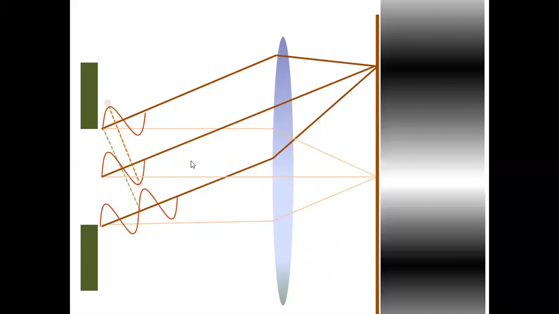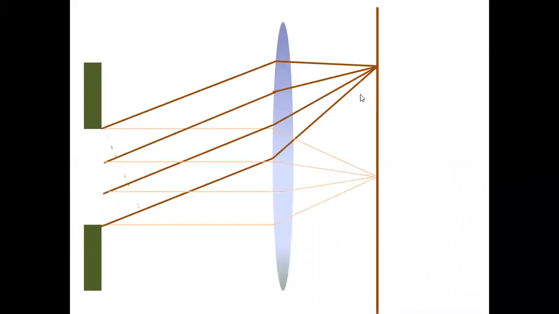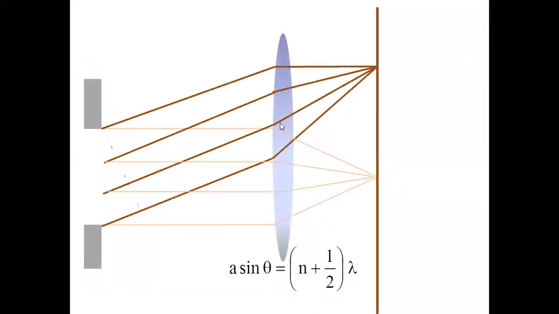If you consider this case now, here you will get a bright fringe and here maybe the dark fringe. What are the conditions for the production of bright and dark fringes? You need not go for every explanation. So, condition for the formation of bright and dark fringes. A wave starting from here and a wave starting from here have a difference. This wave has to travel a lesser distance.